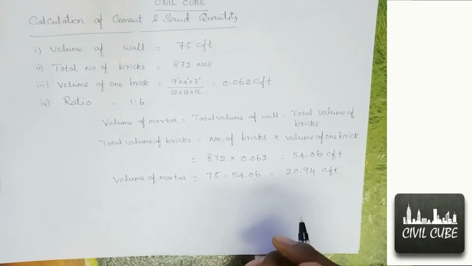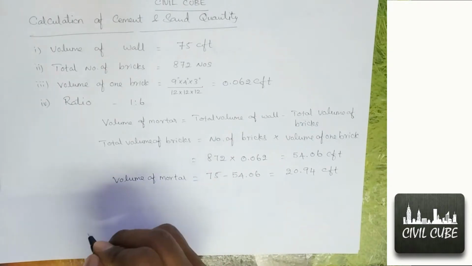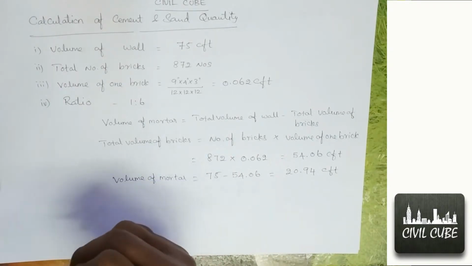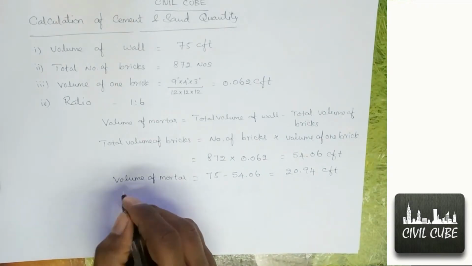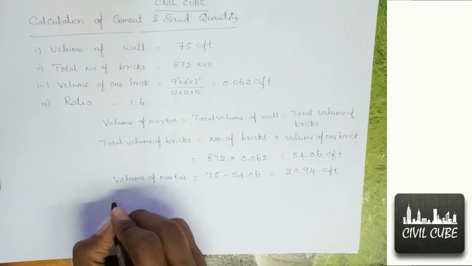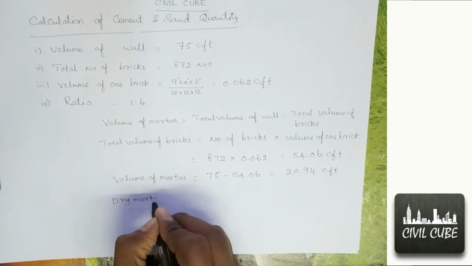To find out the cement and sand quantity, we need to find the dry mortar volume. To find out the dry mortar volume, add an extra volume of 30%, that is the wastage.